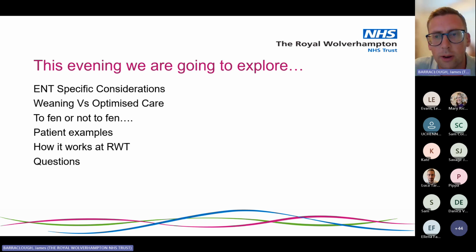And we're looking for an optimized situation in each of those individuals. Already touched on the fenestration versus non-fenestration issue. I'll touch on that as well. And then very importantly, we'll go on to some patient examples and some of the difficult decision making that's required.